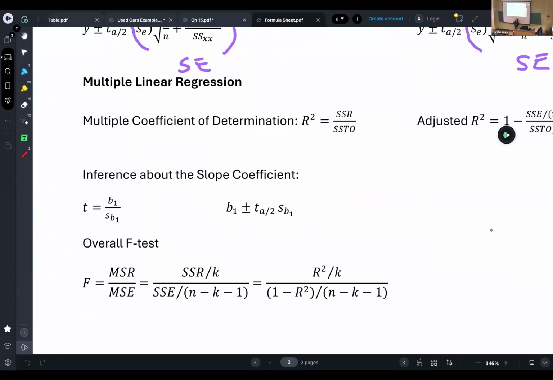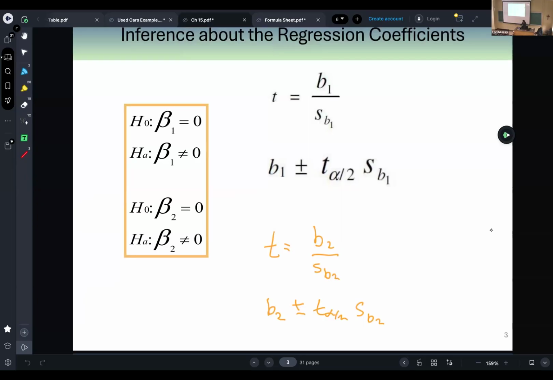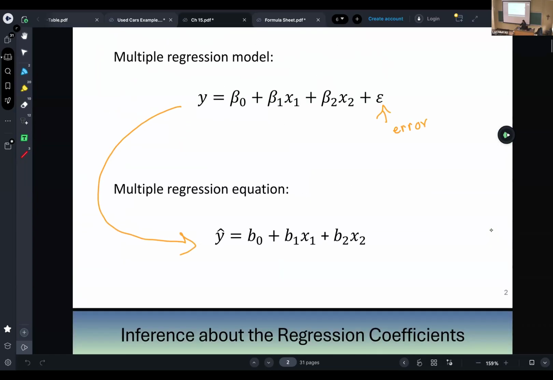So even though it says subscript 1 right here and here, you could use it for 2, 3, 4. So here it's showing 2 slopes, B1 and B2. You could have B3, and that would just extend this even more to more predictors.